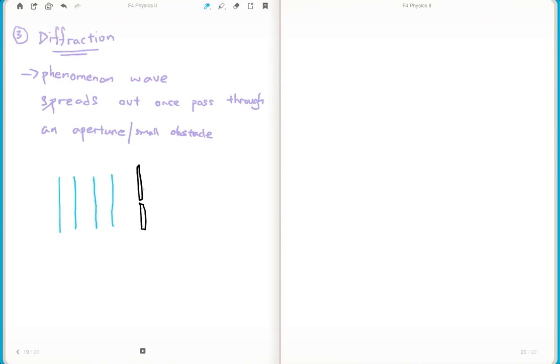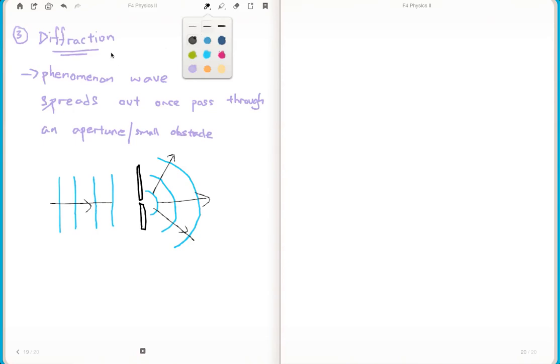The shape of the wave will bend, and what you see is that it spreads out. Initially it was one direction. So this phenomenon is called diffraction. In order for it to happen, the size of the opening has to be smaller than or comparable to the wavelength.